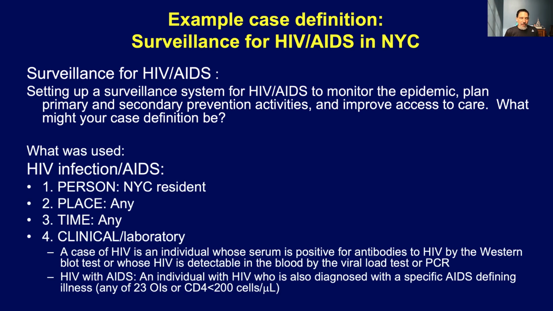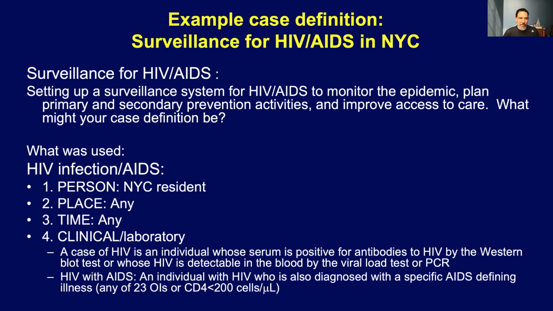And the case definition they used here: any New York City resident, regardless of where they live, regardless of when, a case of HIV is defined as someone whose serum is positive for antibodies to HIV by certain tests, or is detectable in the blood by other kinds of tests.